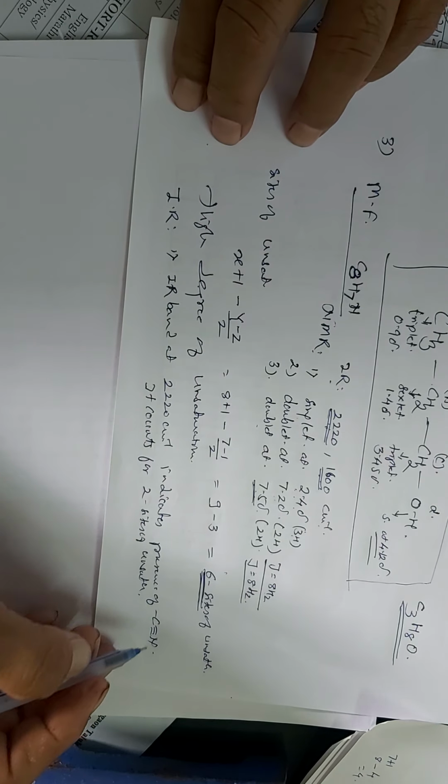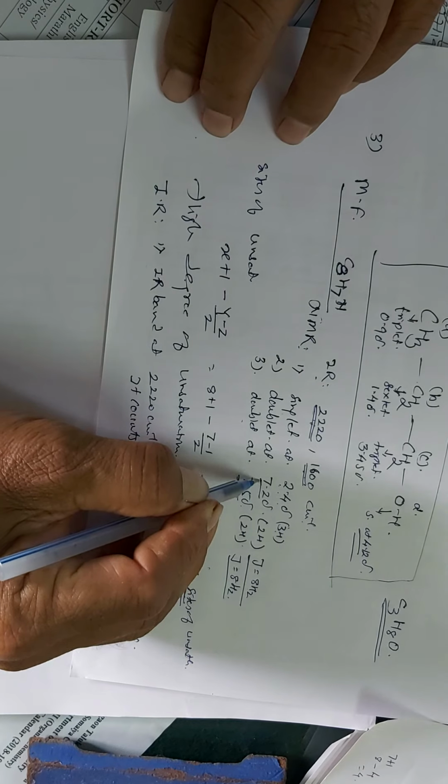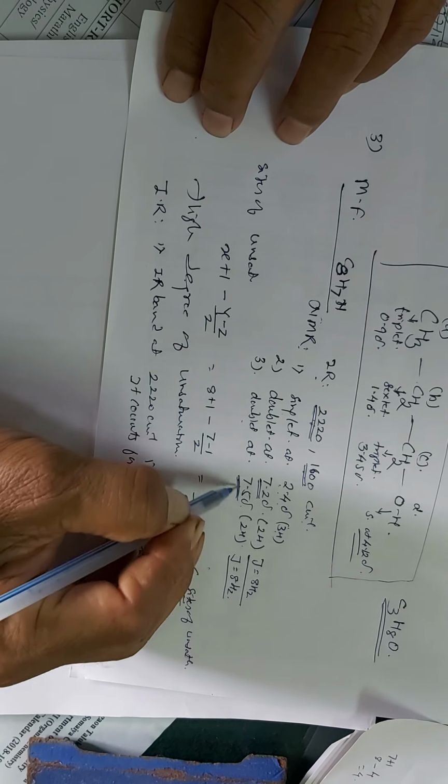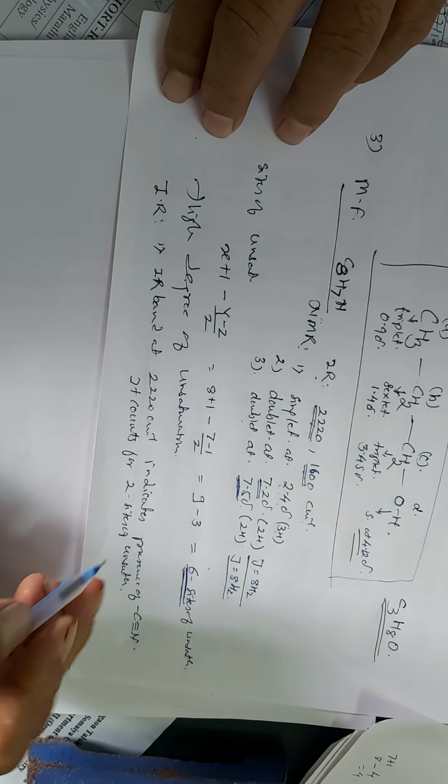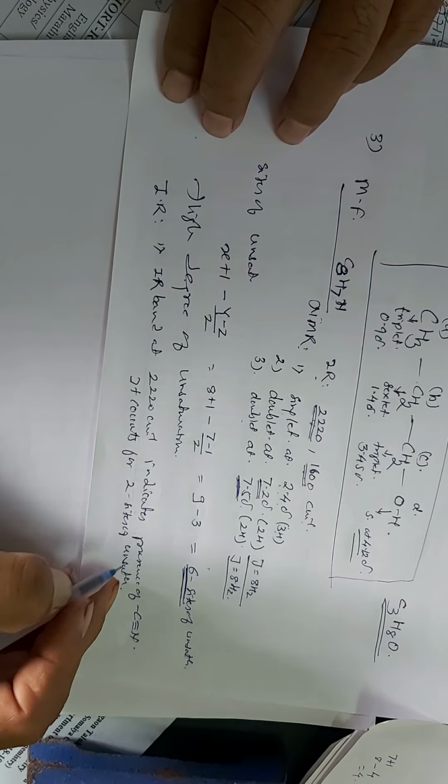From the NMR data, the values at 7.2 and 7.5 indicate there may be a presence of an aromatic ring, and the four sites of unsaturation also indicate the presence of an aromatic ring.